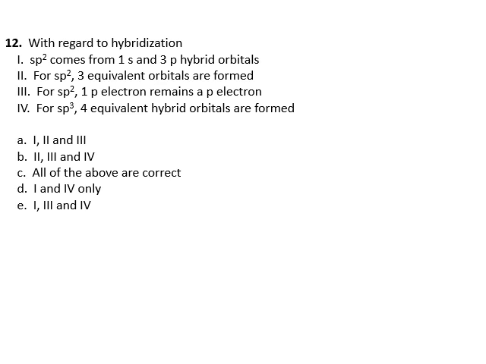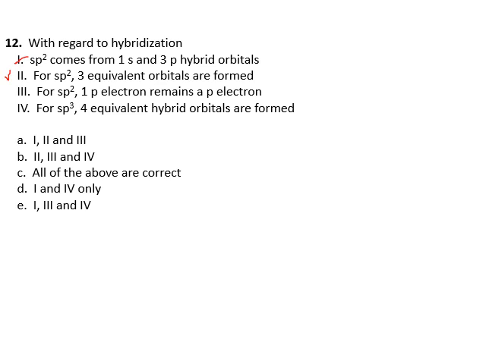Okay, so let's go ahead and move on and finish this. So this is multiple choice. With regard to hybridization, 1, sp2 comes from 1 s and 3 p hybrid orbitals, and that's wrong. It would be sp3 for that one, not sp2, so we can mark 1 off. Number 2, for sp2, 3 equivalent orbitals are formed, and this one is okay.